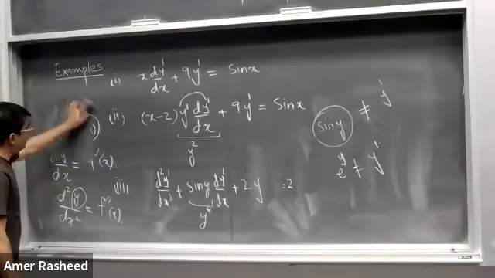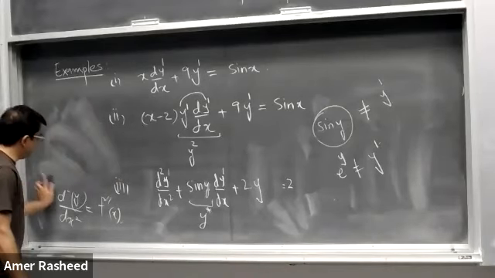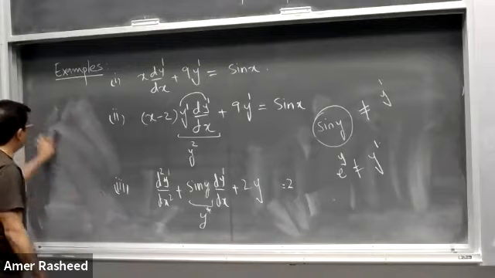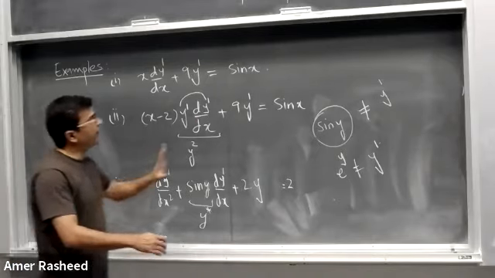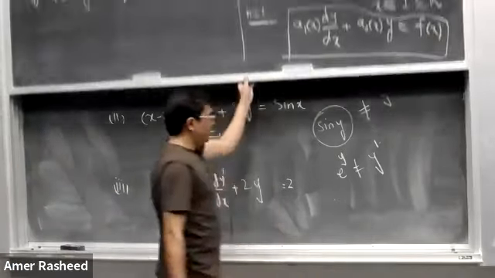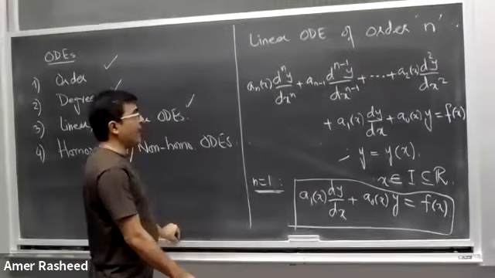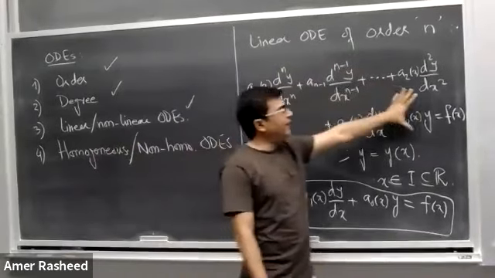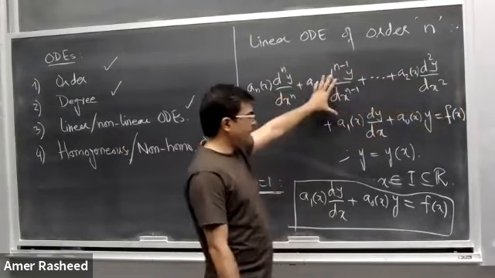So I hope you get the difference between linear and non-linear ODEs. In linear, this is the explicit form of a linear nth order ODE.